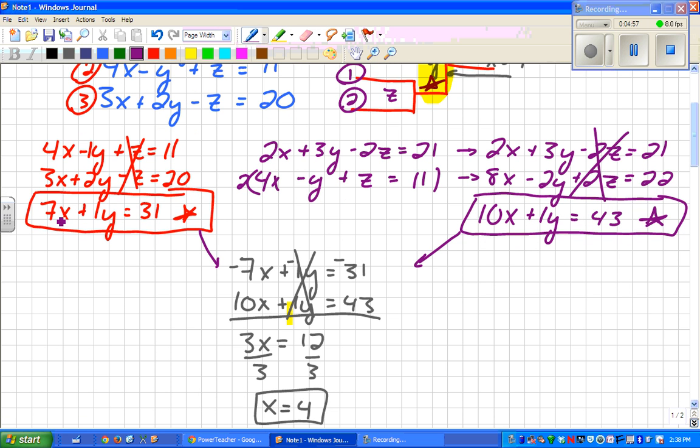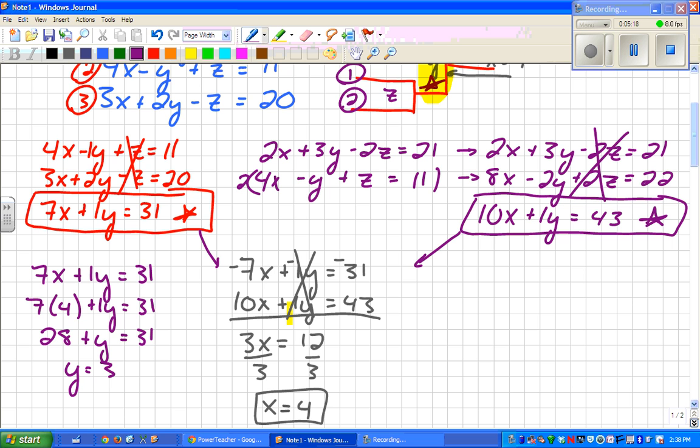Why don't I use this one right here? So this is going to be 7x plus 1y equals 31. And I know that x is 4. So 7 times 4 plus 1y equals 31. That gives me 28 plus y equals 31. And when I subtract 28 from both sides, I get 3.